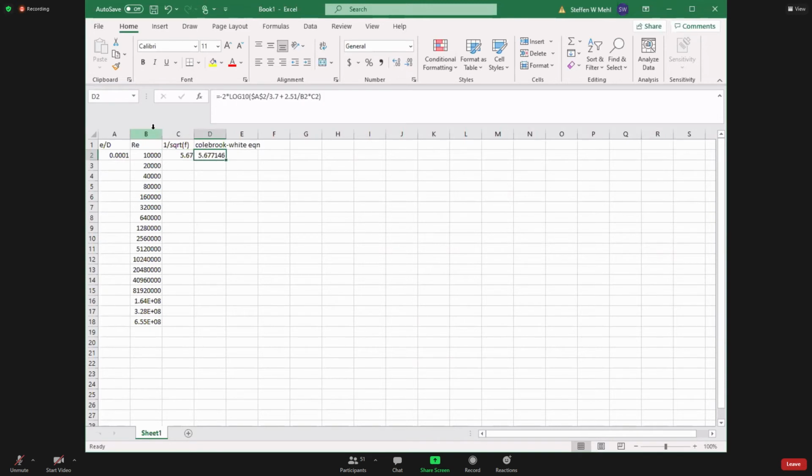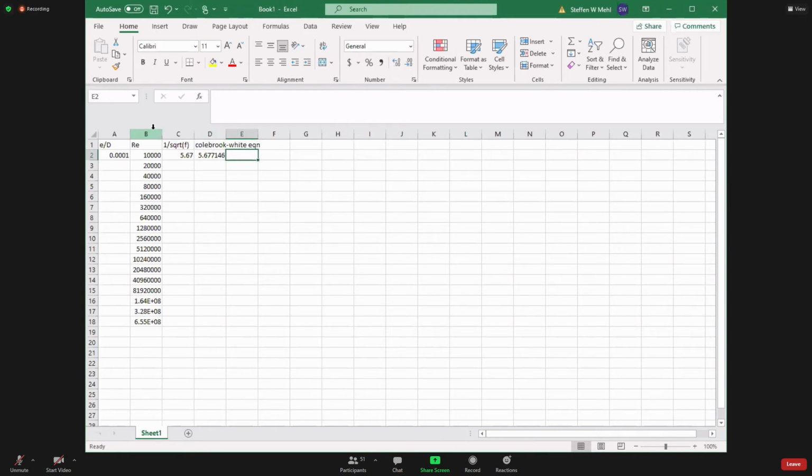Within a couple of tries, I've got this down to 3 decimal places. You can only read the Moody diagram to maybe that third decimal place in terms of friction anyway.